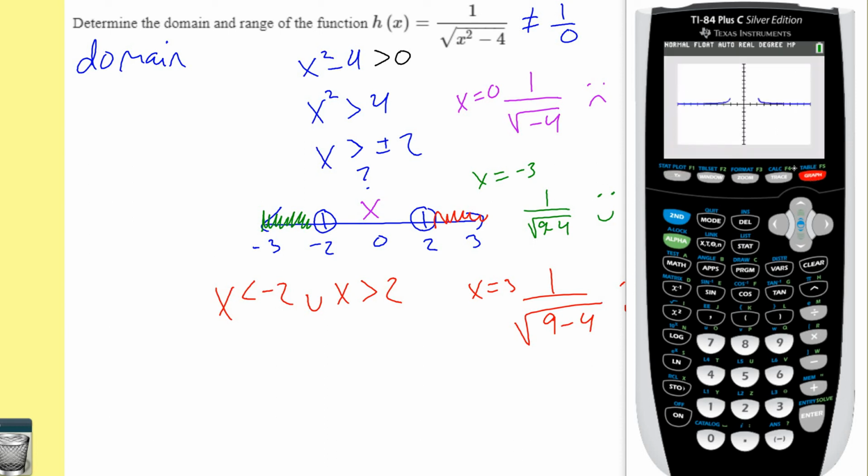And then I hit graph. And then here it might be a little bit hard to see what's going on in this middle, so I'm going to zoom in. It's already at the origin, so I'm just going to zoom in on that center. Okay, so maybe it zoomed in a little much, but I can always adjust my window.